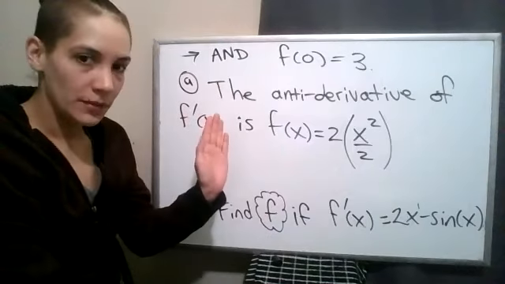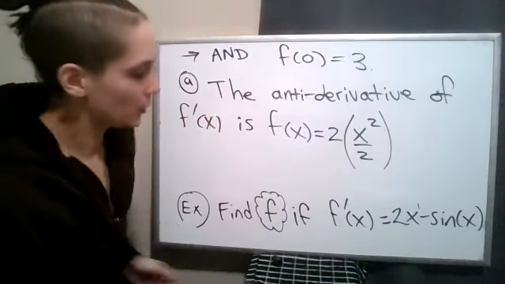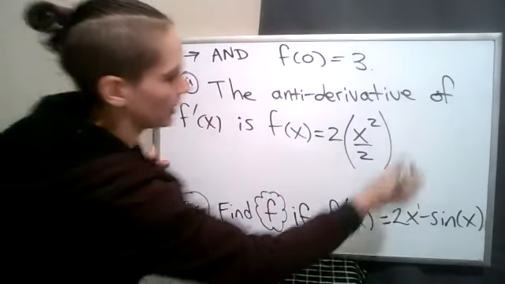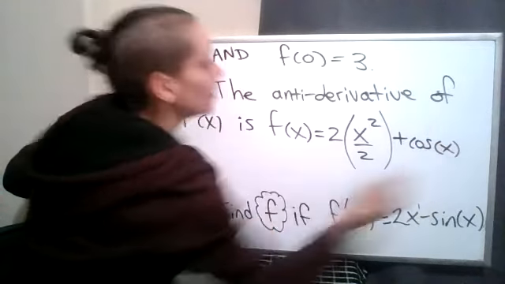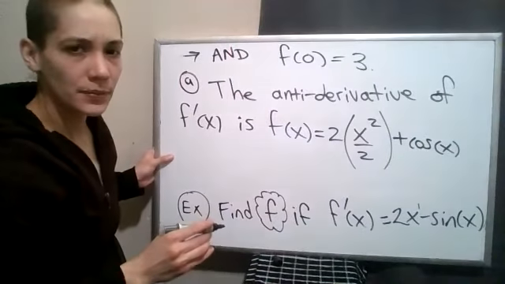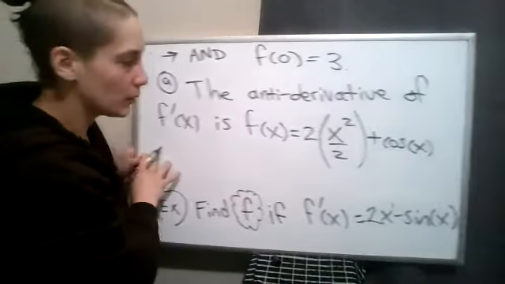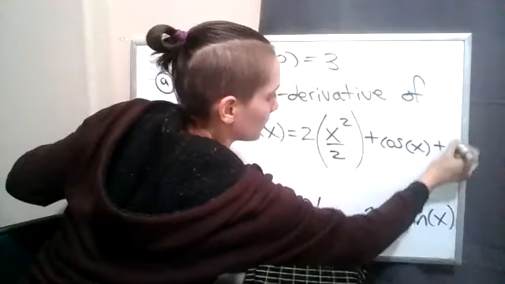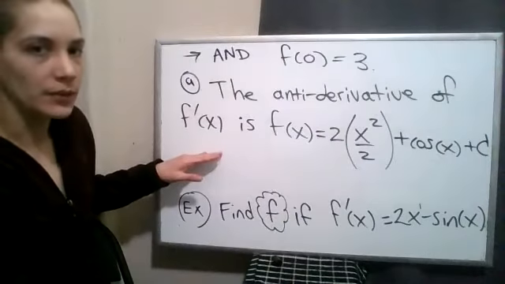The antiderivative of sine is negative cosine. So we have a minus negative cosine, plus cosine x plus c. And this time we can just put plus c. There's only one constant.